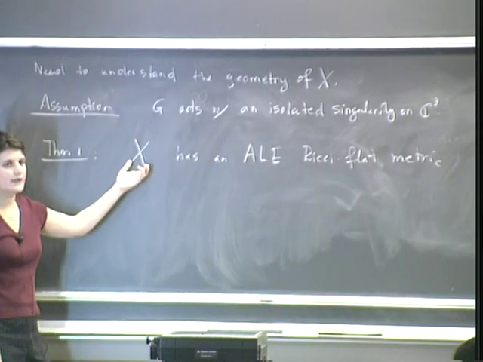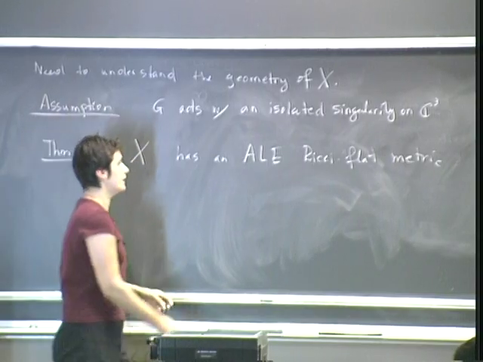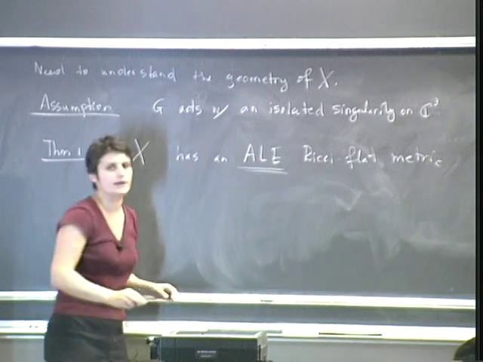We already know that it must have a Ricci flat metric because it's a Calabi-Yau, but I want a special kind of Ricci flat, which is ALE.